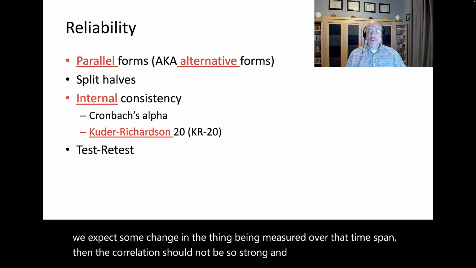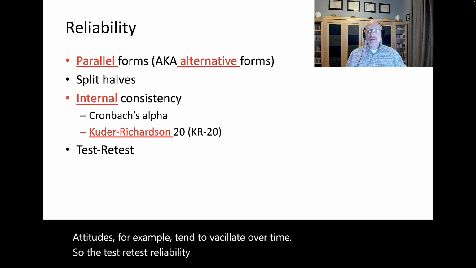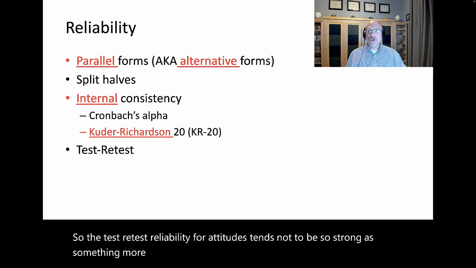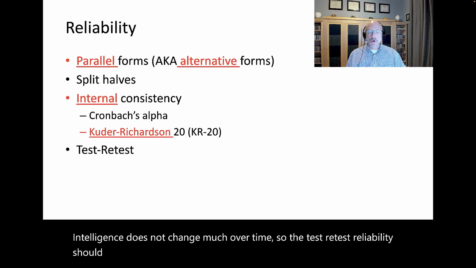Attitudes, for example, tend to vacillate over time, so the retest reliability for attitudes tends not to be so strong as something more immutable like IQ. Intelligence does not change much over time, so the retest reliability should be near perfect, close to 1.0.